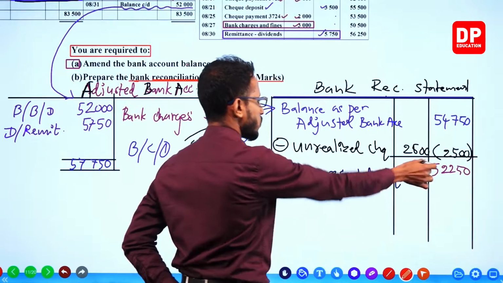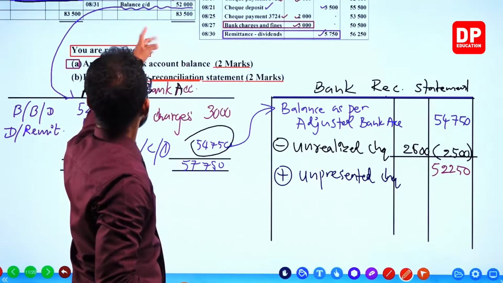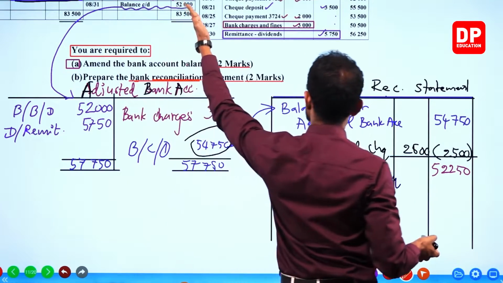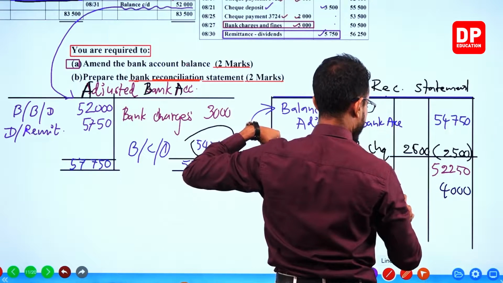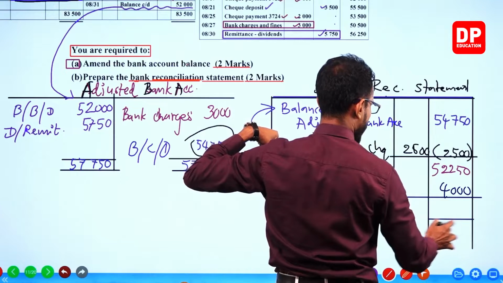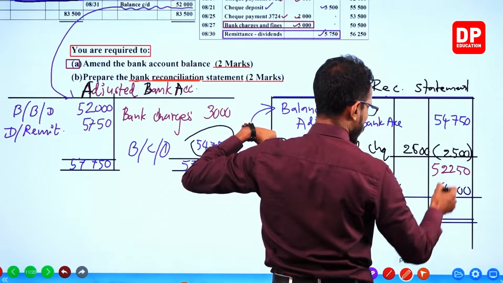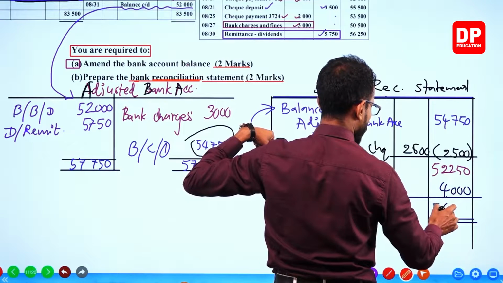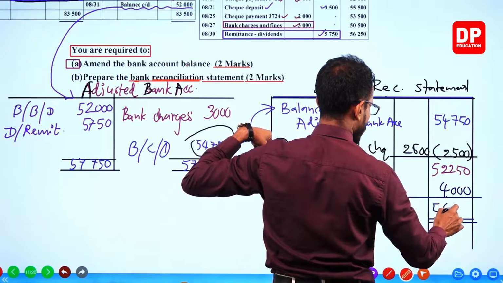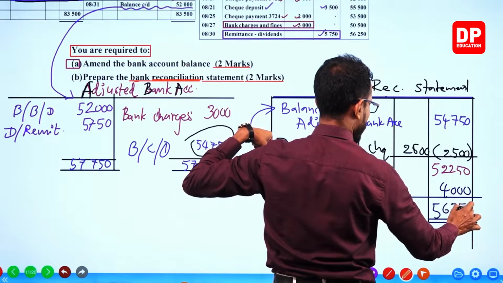Let's put it straight in that column. 4,000, this one. And take the final balance: 56,250.